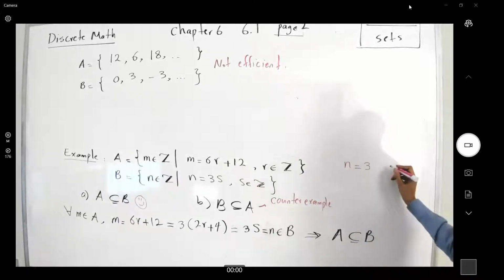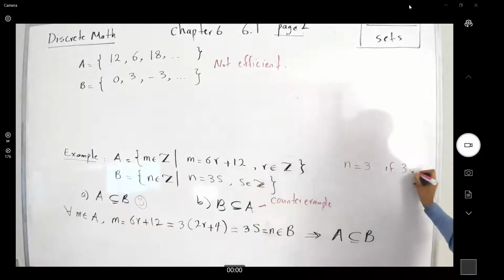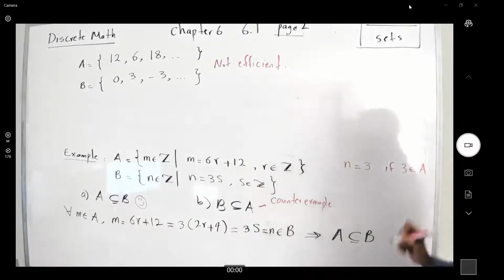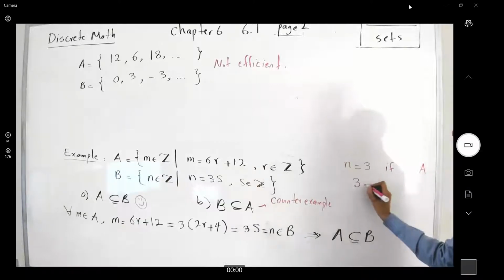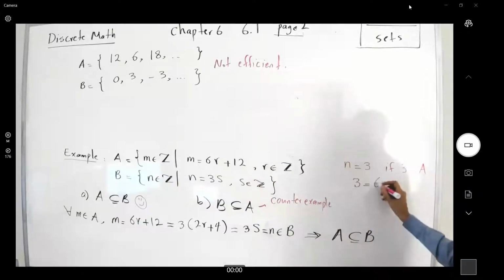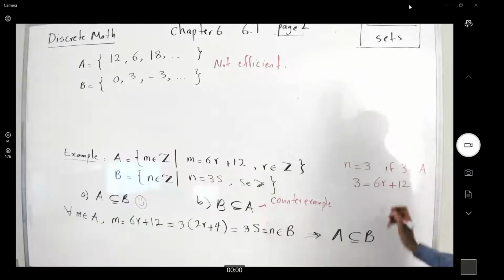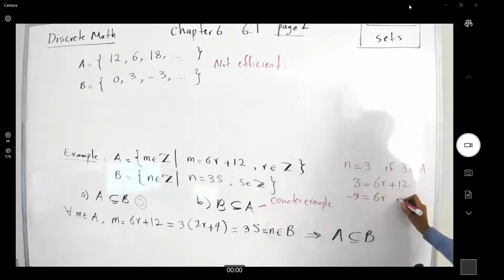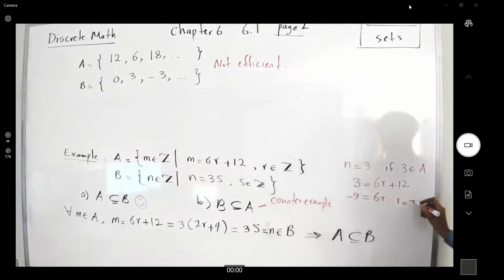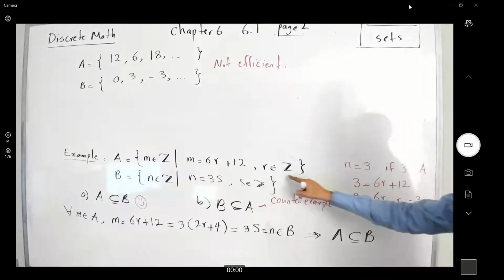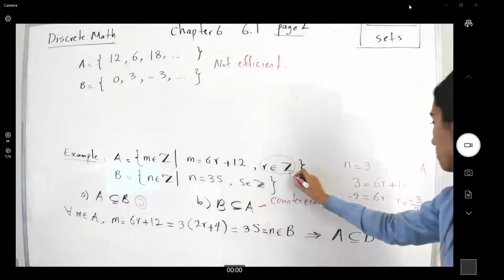So if 3 belongs to set A, what's the meaning of that? It means that 3 can be written as 6r plus 12. But what's the meaning of this? It means that 6r is equal to negative 9. It means that r is equal to negative 3 halves. r is an integer.